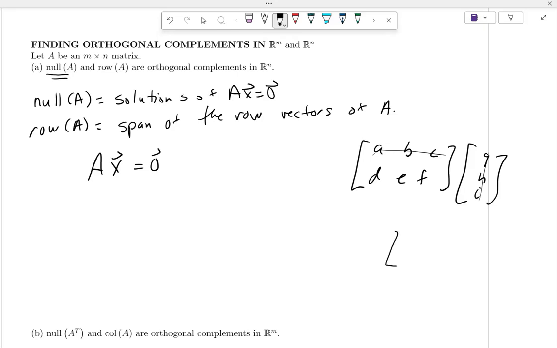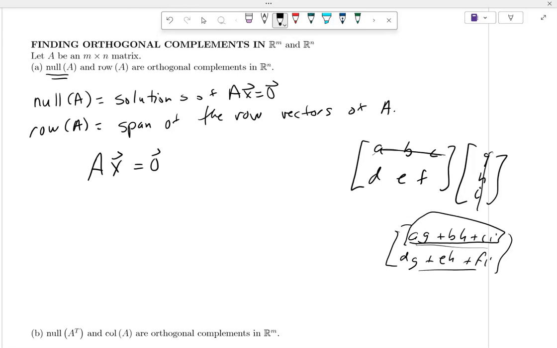You would get AG plus BH plus CI, and the other one would be DG plus EH plus FI. What do these look like relative to what we've been talking about? Inner products. That is the inner product of row 1 and that column, and this one is the inner product of the second row and that column.